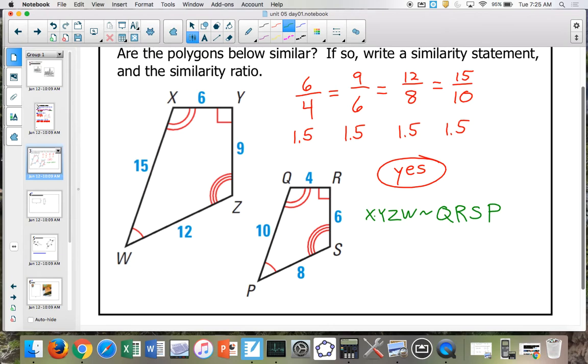Now the similarity ratio, that's simply any one of your fractions reduced. So for example, if I pick 12 over 8, I need to reduce that down. I could divide a 4 out of the numerator and denominator. So my ratio is 3 to 2. Sometimes you'll see this written with a colon instead of a fraction. And either way is fine.